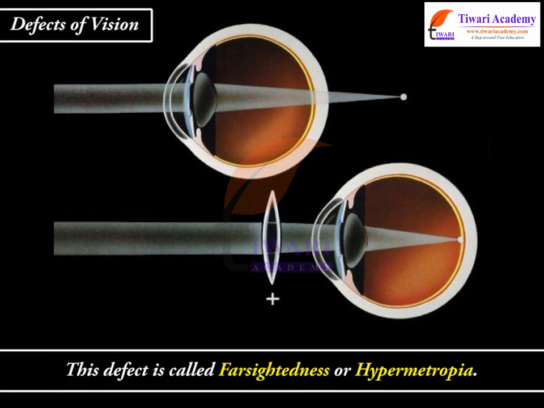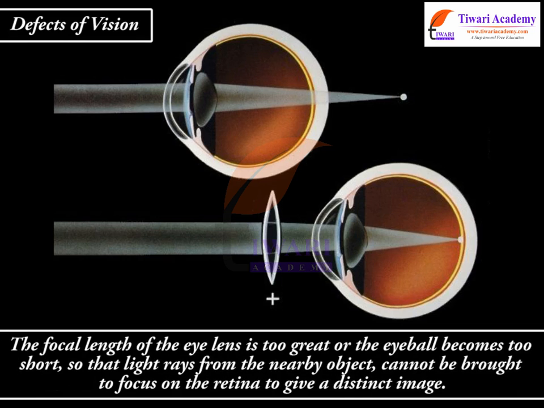This defect is called far-sightedness or hypermetropia. The focal length of the eye lens is too great, or the eyeball becomes too short, so that light rays from a nearby object cannot be brought to focus on the retina to give a distinct image.